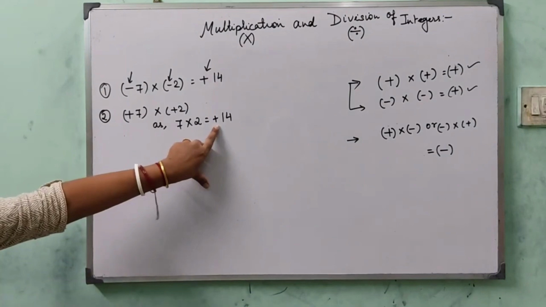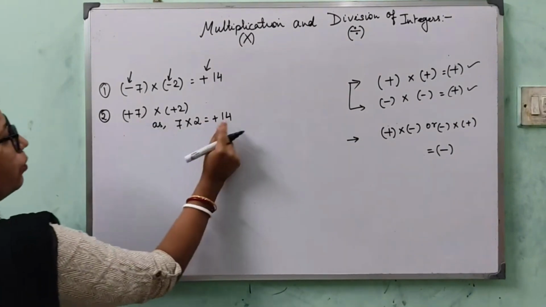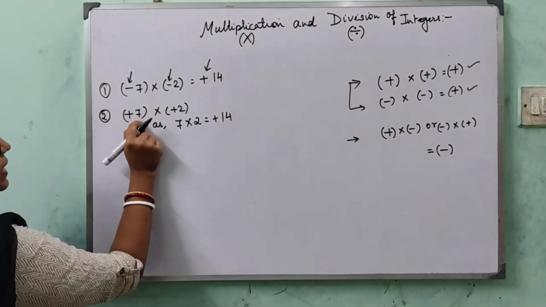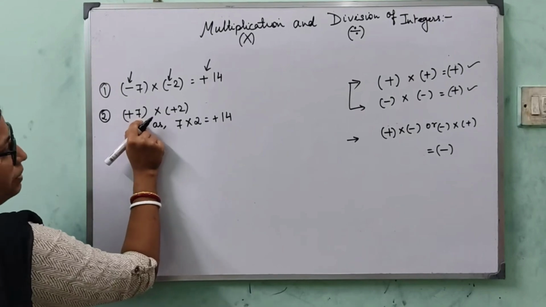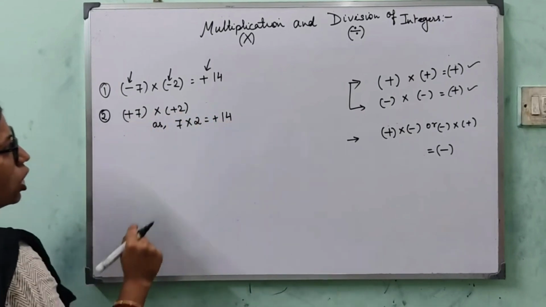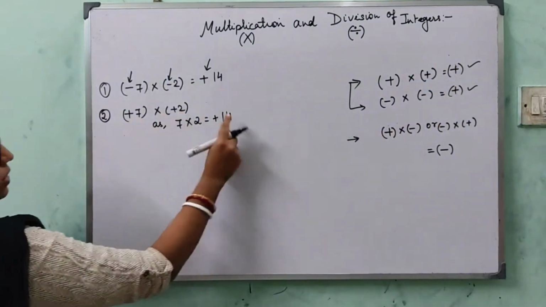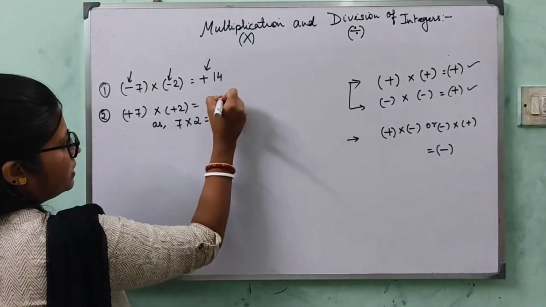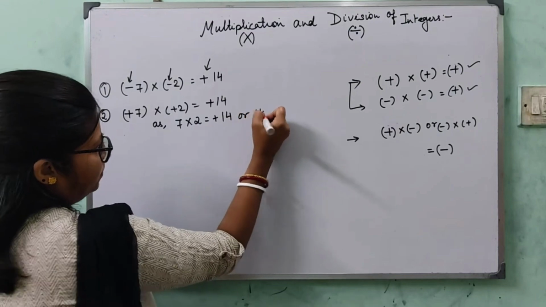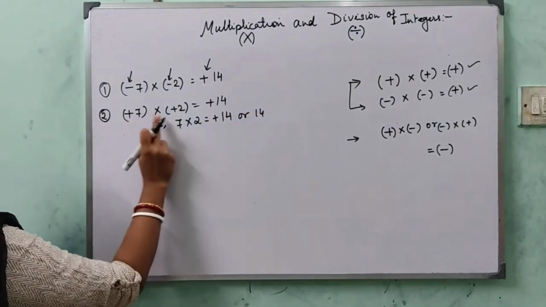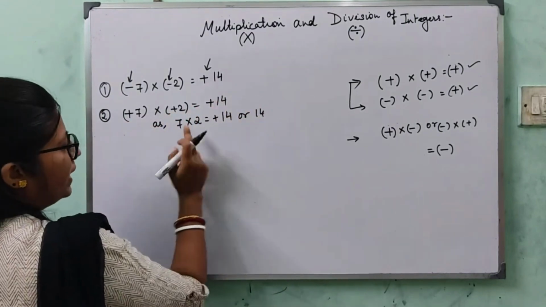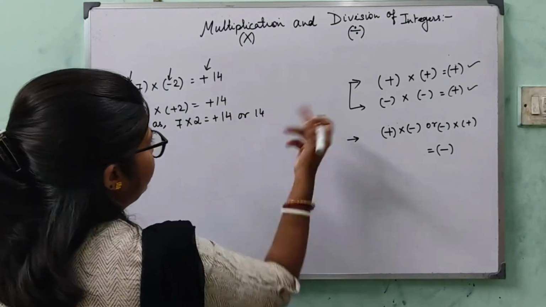The numerical value is just the product of the numbers, 7 into 2, 14. So positive into positive is positive, either plus 14 or 14.